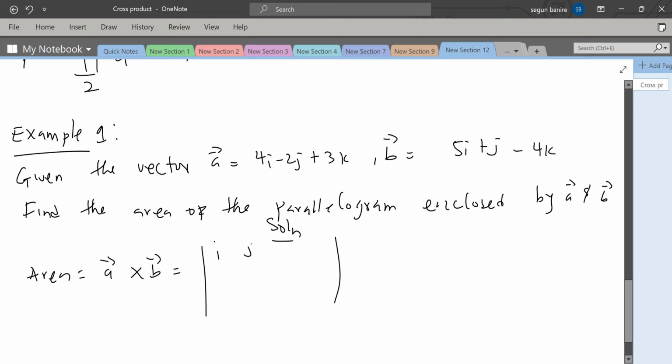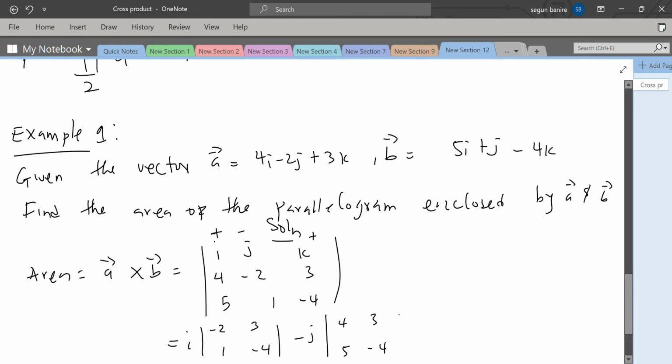Write I, J, K, 4, minus 2, 3, 5, 1, minus 4. You put the plus, minus, plus up there. So here we get minus 2, 3, 1, and minus 4. Minus J now. You cover the row and column, you get 4, 3, 5, and minus 4.